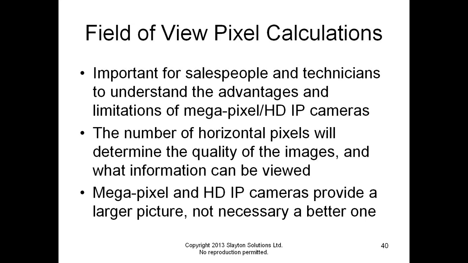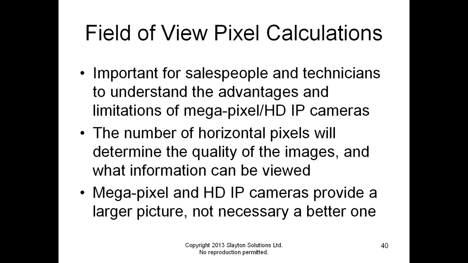Man, I put this megapixel camera in, it's going to be fantastic. Not necessarily so. What's important to understand is that, like I just mentioned, and it's on the bottom of the screen here, megapixel means you've got more than 1 million pixels in the picture, and your HD IP cameras, the image they provide is larger, but it's not necessarily better.